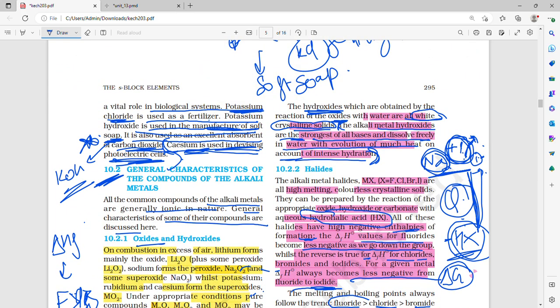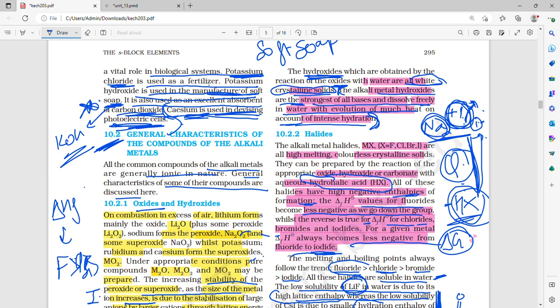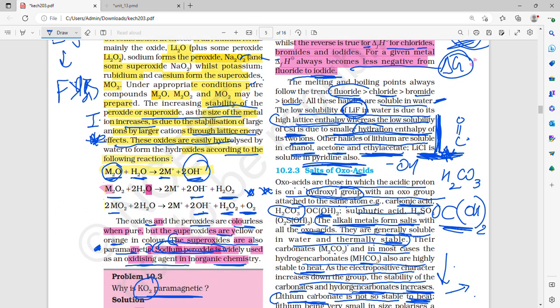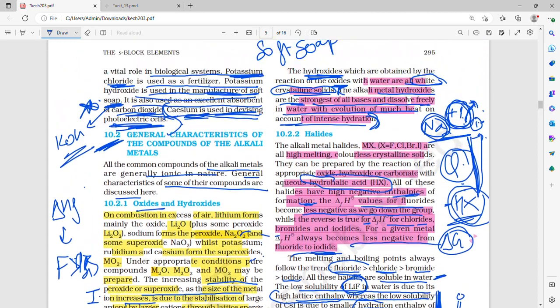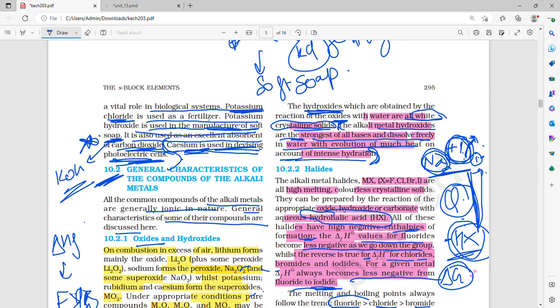Now hydroxides, which are obtained by the reaction of the oxide with water, are all white crystalline solids.